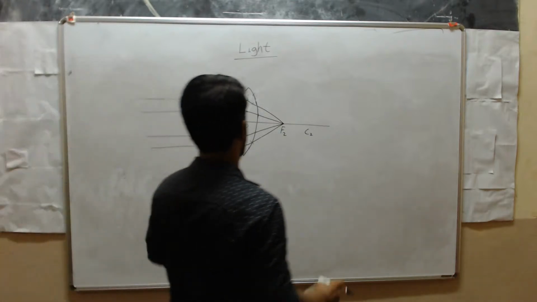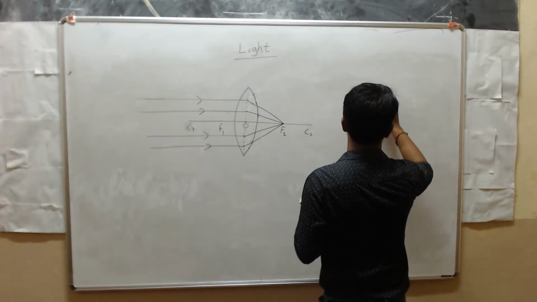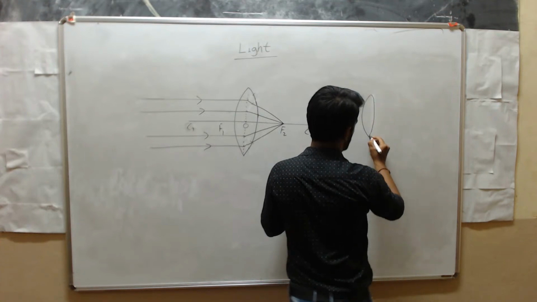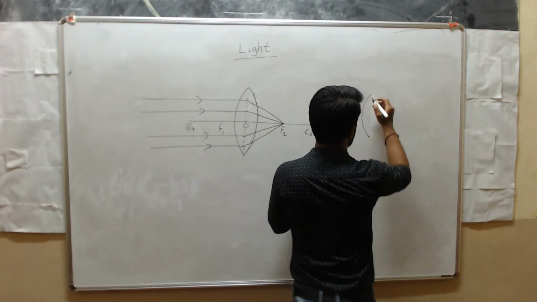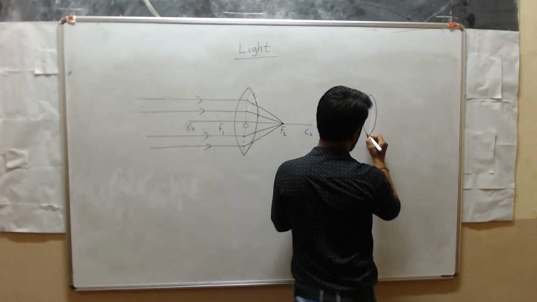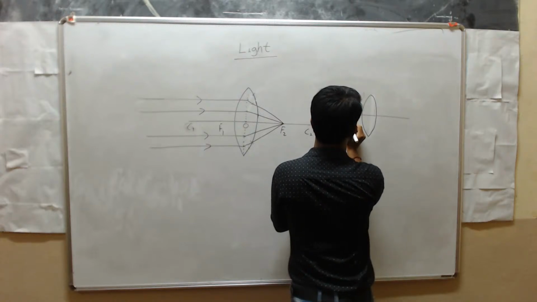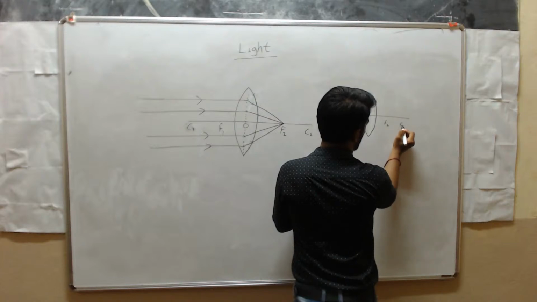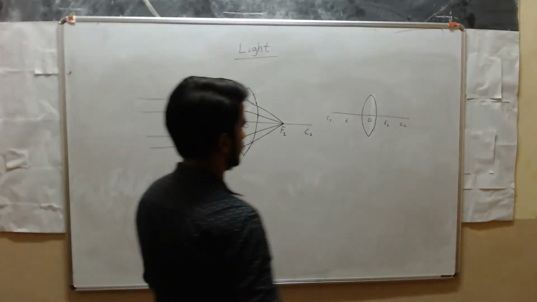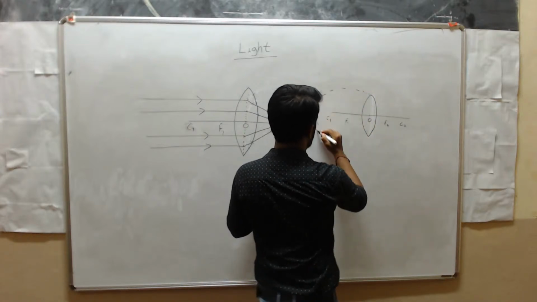Now we can see why the rays converge at one point. See here, if you draw a line like this, it will become a circle, right?